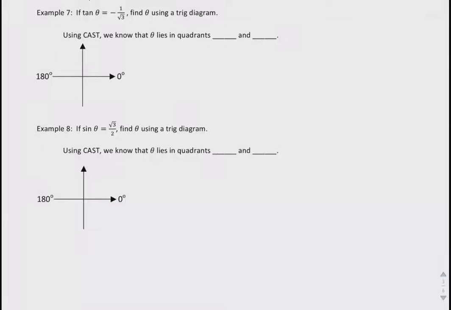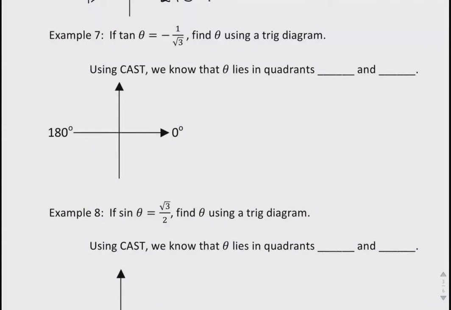In example number 7, I'm looking at tan theta equals negative 1 over root 3. And I know that tan is negative in quadrant number 2 and quadrant number 4 as well. So negative 1 over root 3, that reminds you of the 30, 60, 90 triangle.